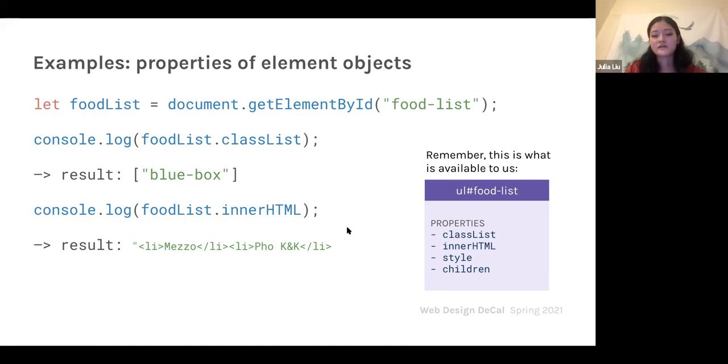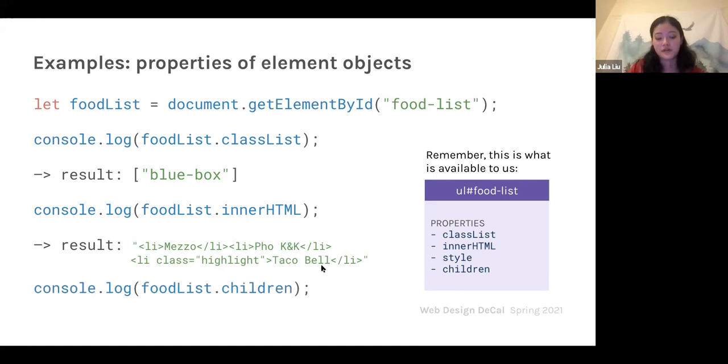There should be a quotation mark at the end, but if you try this in your browser, it'll return a complete string of all the children elements inside the element you're calling innerHTML on. Oh wait, never mind. We do close it with the ending quotation mark. This is what would happen if you do innerHTML. And then finally, we have children. If we use dot notation to get the children property, it will return all of the children elements inside this current element, so 3 different li elements.